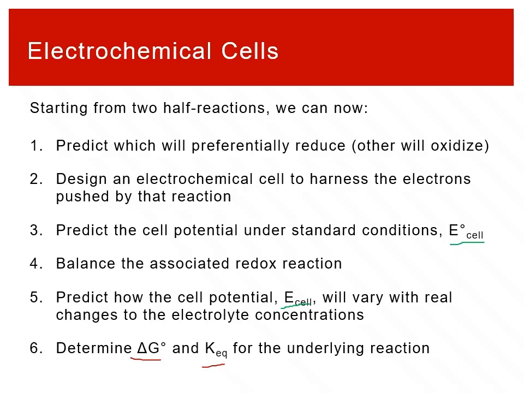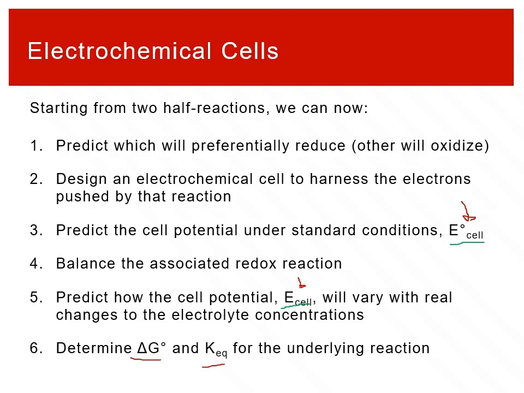Delta G gives you information about spontaneity, but also about how much energy you can get out of a reaction. Equilibrium constants are necessary for predicting relative amounts at equilibrium. Those are really important considerations, and they're relatively difficult to measure. Standard cell potentials and cell potentials are relatively easy to measure.